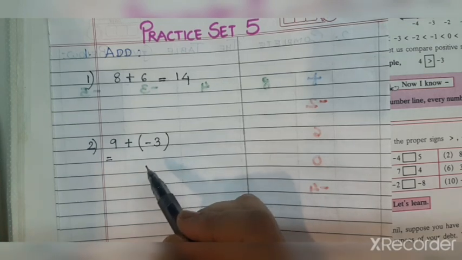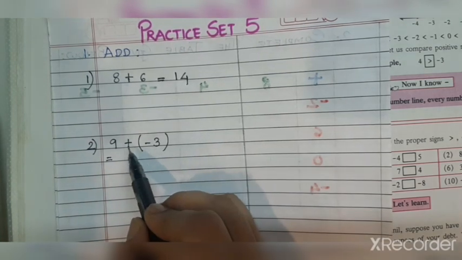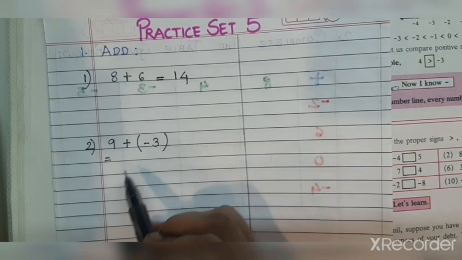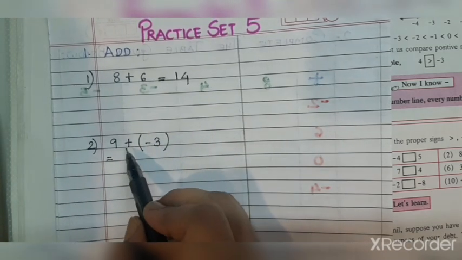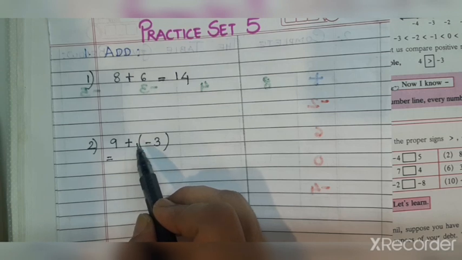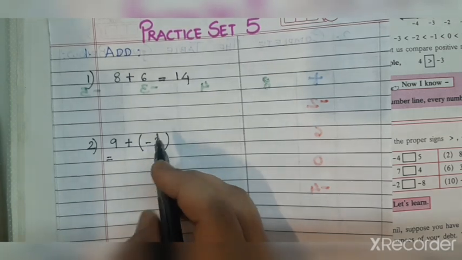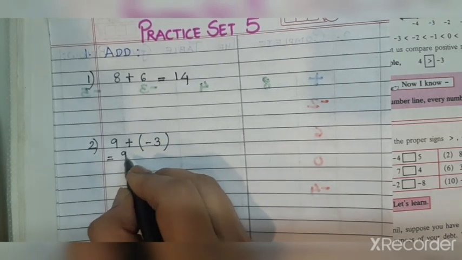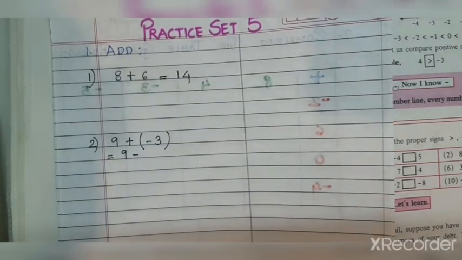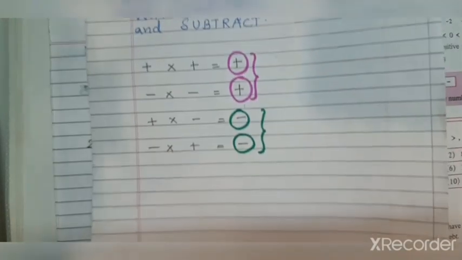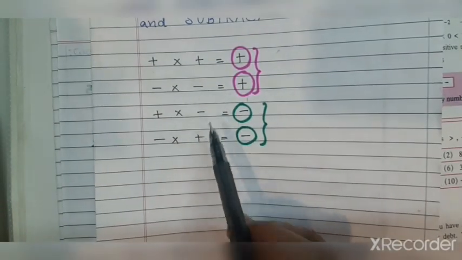Okay, so now here, plus into minus. As I said just now, bracket means multiplication. So here it is plus into minus. So first I will solve that. Plus into minus is minus. Okay, as I told you, you need to learn this first and then only you can solve.